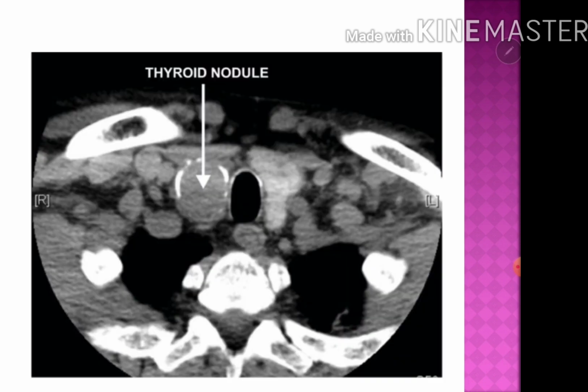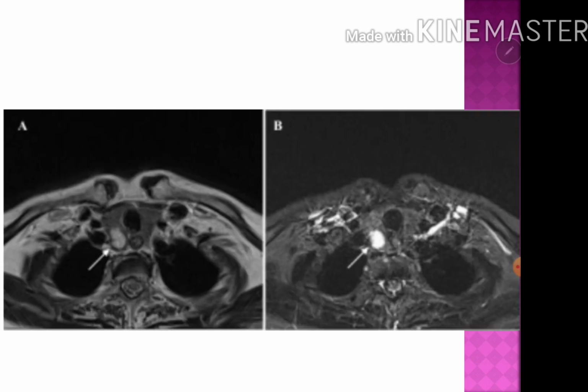And this is a CT scan. As you can see, this is a transverse section, and this is the trachea, and this is the thyroid gland here, and this is the nodule. Okay, this is the thyroid nodule. And in MRI also we can see this is the thyroid tissue, and this is the trachea, and this is the esophagus, and this is the nodule inside the thyroid gland.